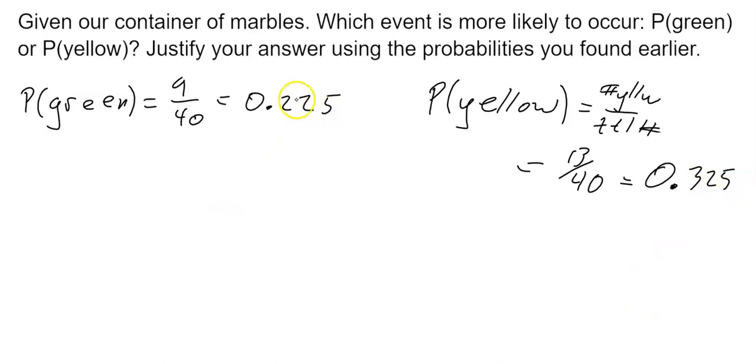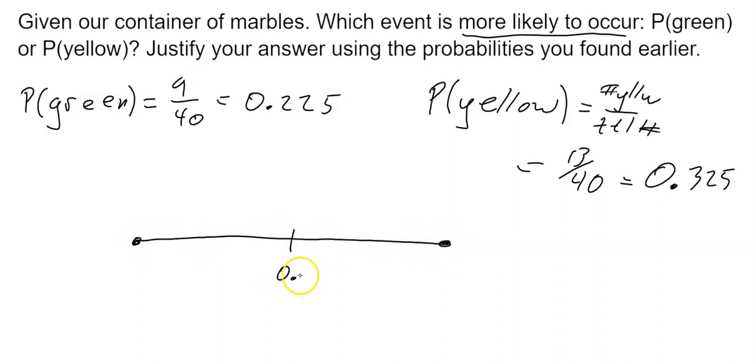So which is more likely to occur? More likely means closer to 1. So green is over here at 0.225. That is the probability of green. Green would happen right here.